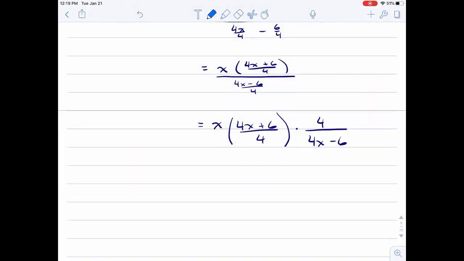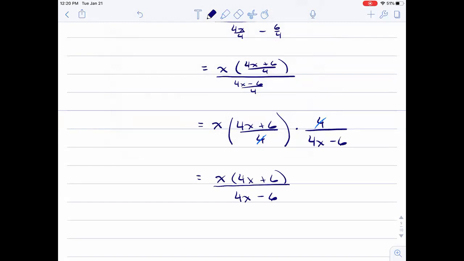Because I'm multiplying all the way across here, I'm allowed to cancel this 4 and this 4. So now I can rewrite this as x times 4x plus 6 divided by 4x minus 6.